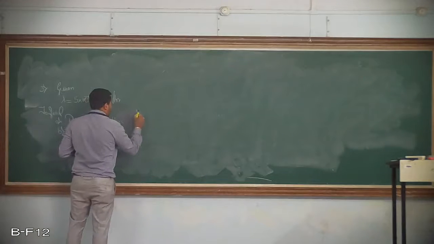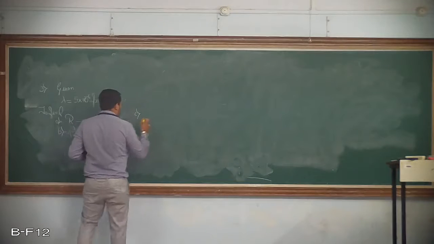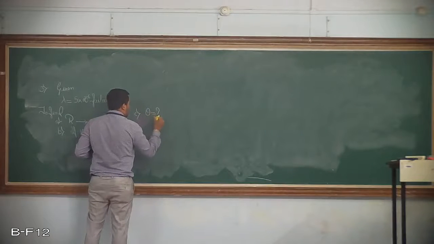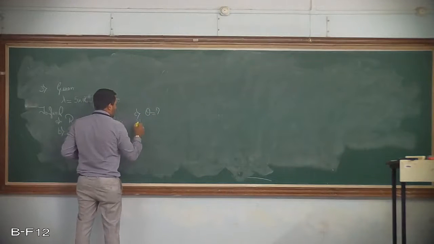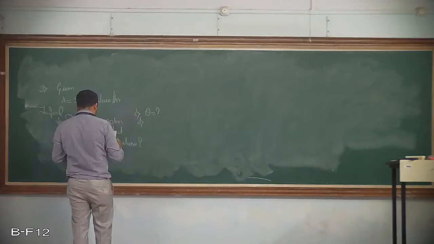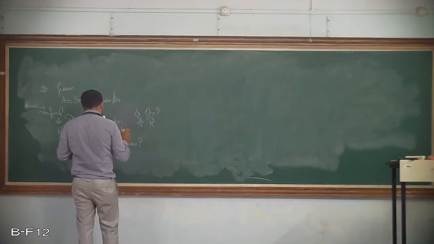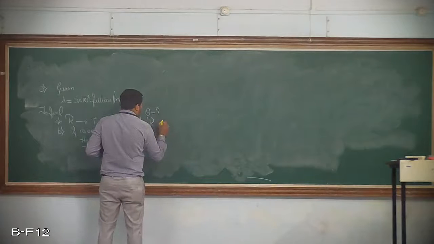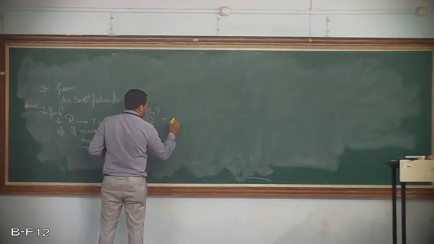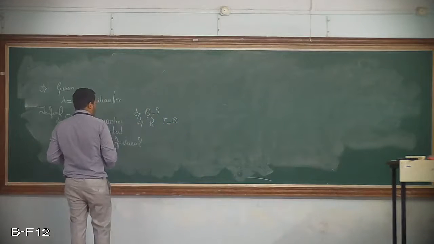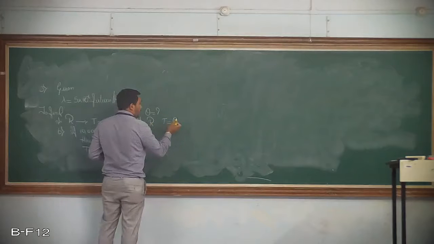And in the third bit they have asked for theta, that is the mean time between failures. And in the fourth bit, again they have asked us to find the reliability if the operating time T is equal to theta, the mean time between failure.